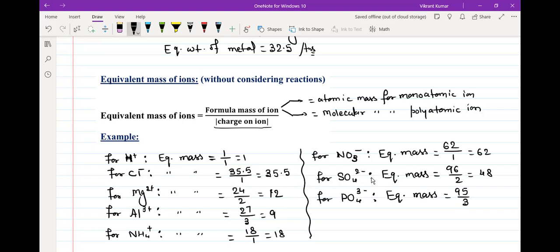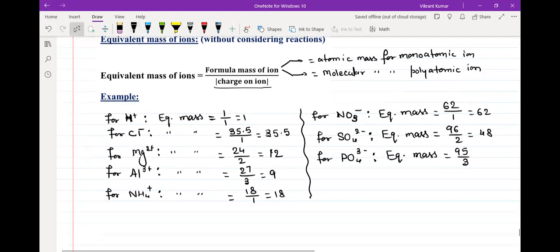So these types of examples can be there, but on this basis, again without considering any reaction, or if I am considering simply a double displacement reaction in which the ions are simply getting exchanged, for those types of reactions, or without any reaction, if I am talking about the equivalent mass of a binary compound in which there is some cation or anion, then what to do? Just see that.